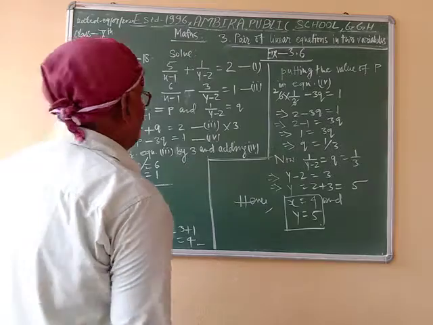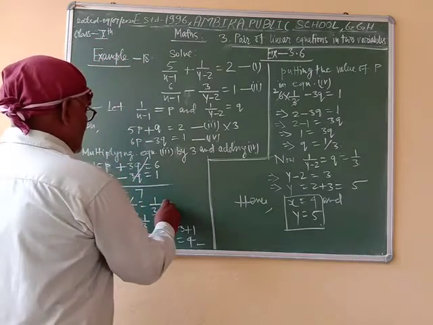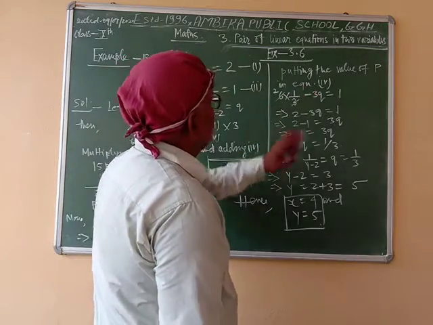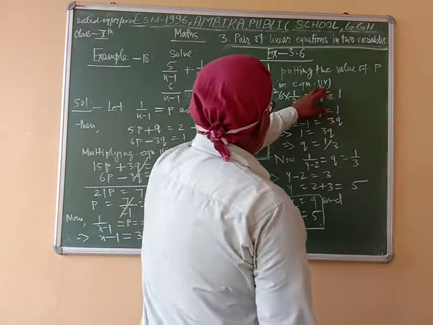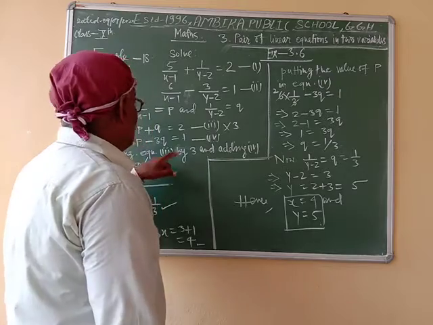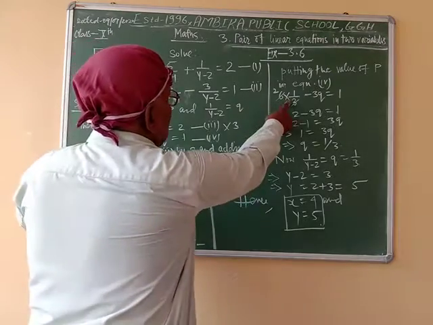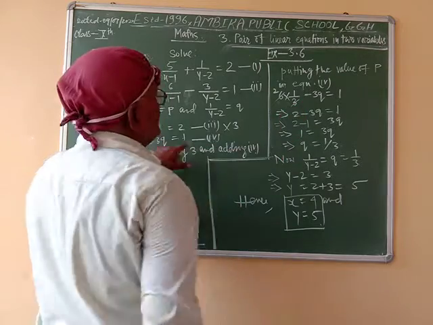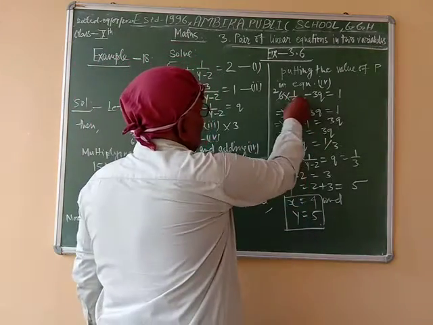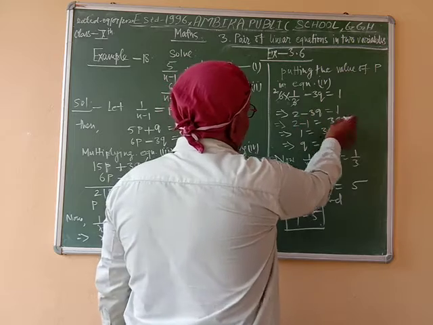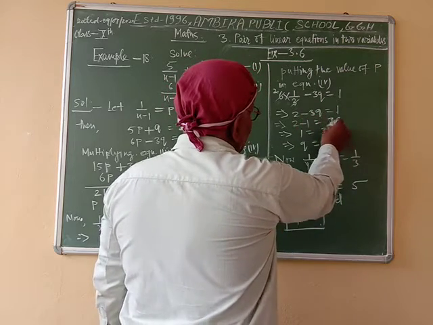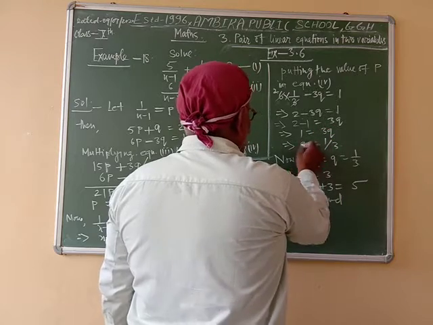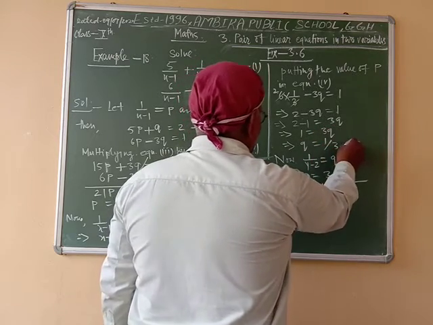Again putting the value of p in equation number 3 or 4, putting in equation 4 we have 6 into 1 by 3, 6p minus 3q is equal to 1, or 2 minus 3q is equal to 1, or 2 minus 1 is equal to 3q, therefore 1 is equal to 3q or q is equal to 1 by 3.